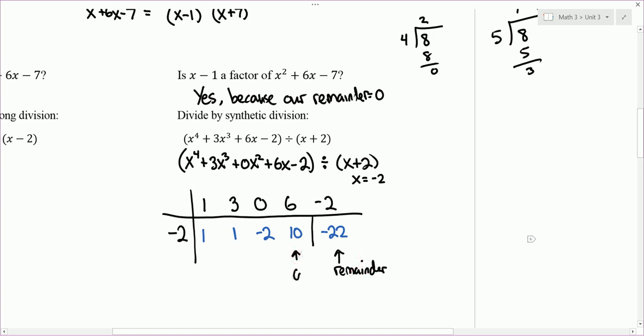Ten is your constant. That means no x. This is your x term, this is your x squared term, this is your x to the third term.